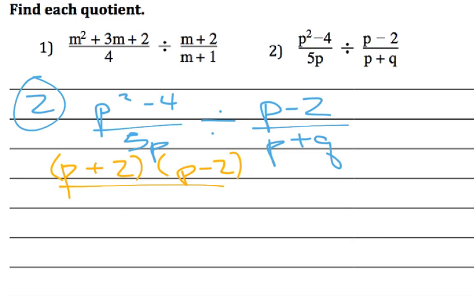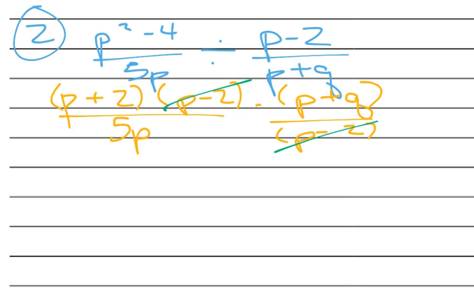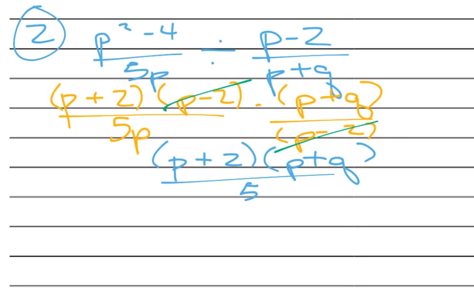I'm totally confident factoring this on the left because you never flip the left fraction, times (p + q) over (p - 2). The p - 2 cancels out with p - 2. And in the numerator, I will have (p + 2) times (p + q) over 5p.